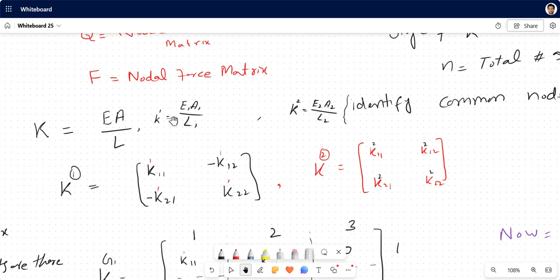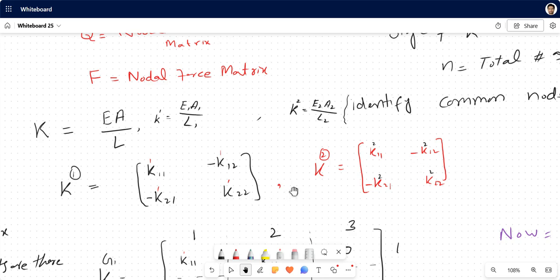Similarly, for the first element you will find k as E1 A1 divided by L1, and from this value you fill up the matrix this way: two negative signs on the off-diagonals and both positive on the main diagonal. For the second element you will do the same. Sorry, I have written positive here, but these two elements will be negative as well.